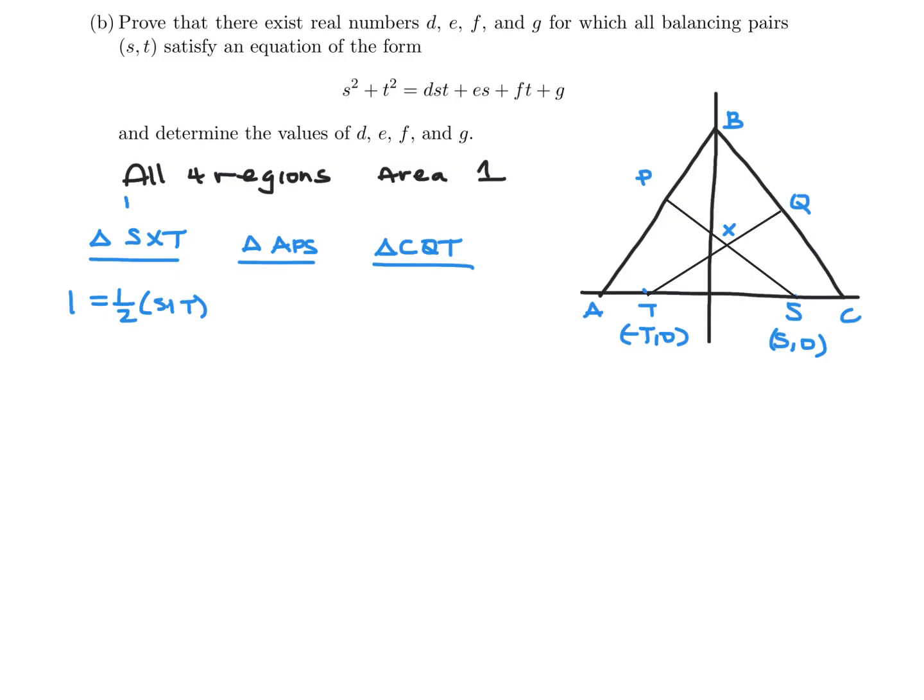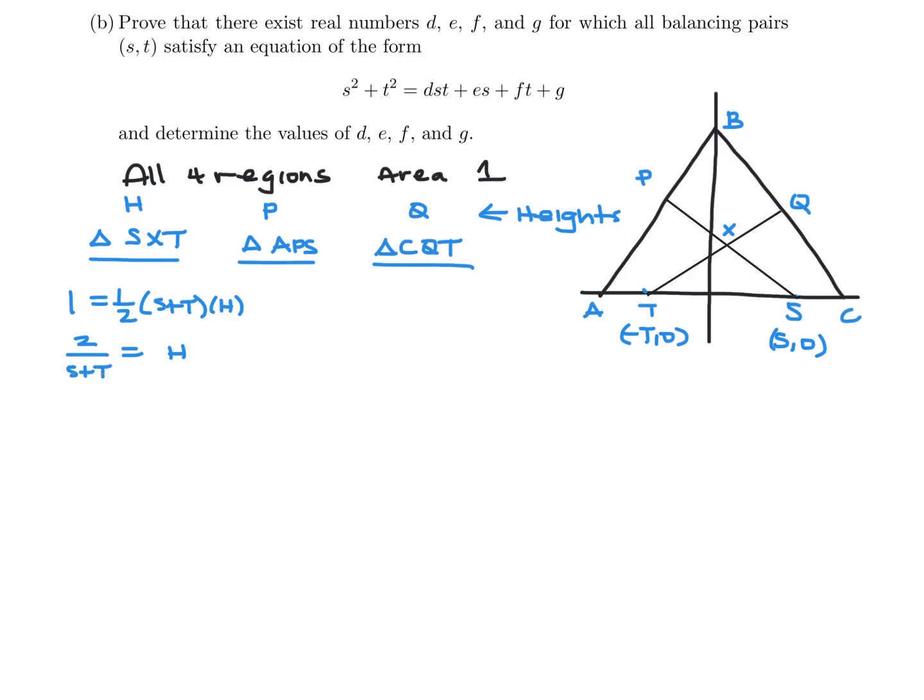So this one I'll call H, this one I'll call P, and this one I'll call Q. These are the heights. So for this one, it would be H. So therefore, H looks like it's 2 over S plus T.